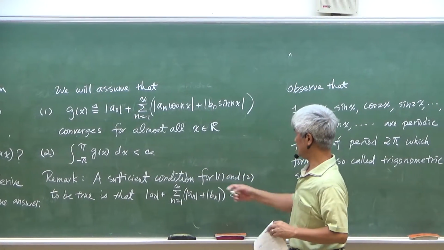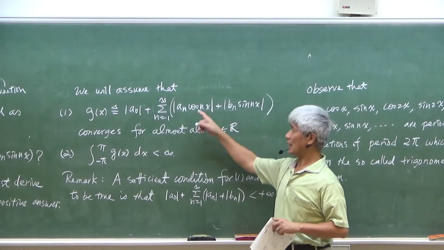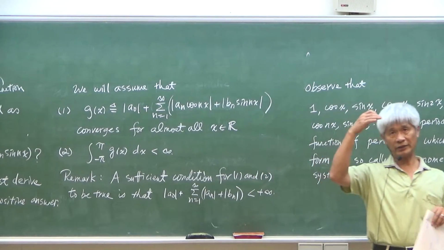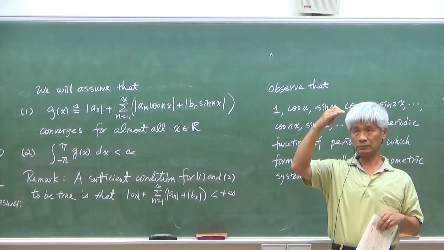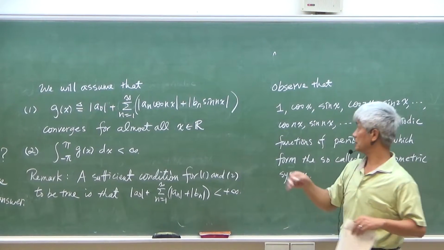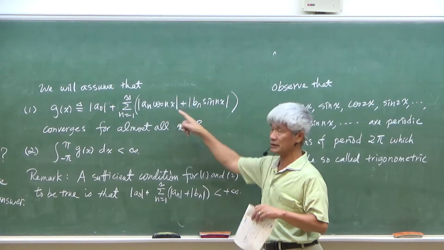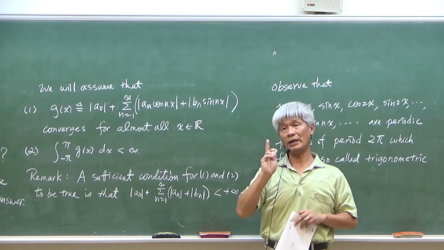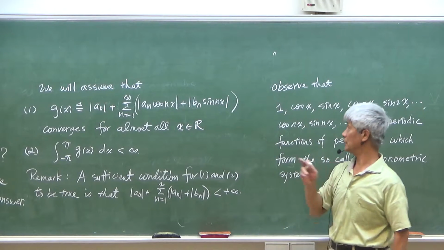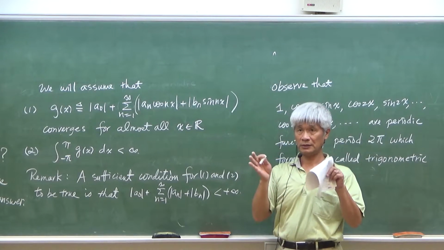Check. The reason is that cosine and sine function has a maximum value plus 1, the minimum value minus 1. So the absolute value of sine and cosine will be less than or equal to 1. Okay. That is the property of sine and cosine.